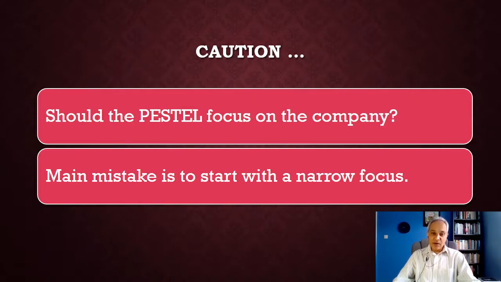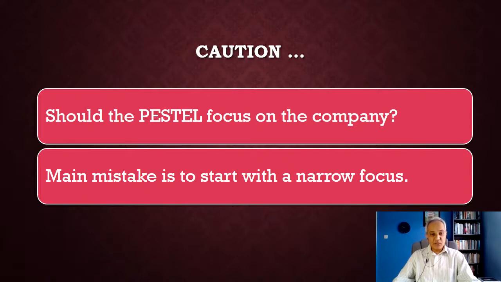But if you start too narrow, you may not consider the broad forces that are impacting the industry and the macro environment within which companies operate. So with the external analysis, you have to be systematic to identify the broad forces first and then work your way through towards figuring out what it might mean for the company.